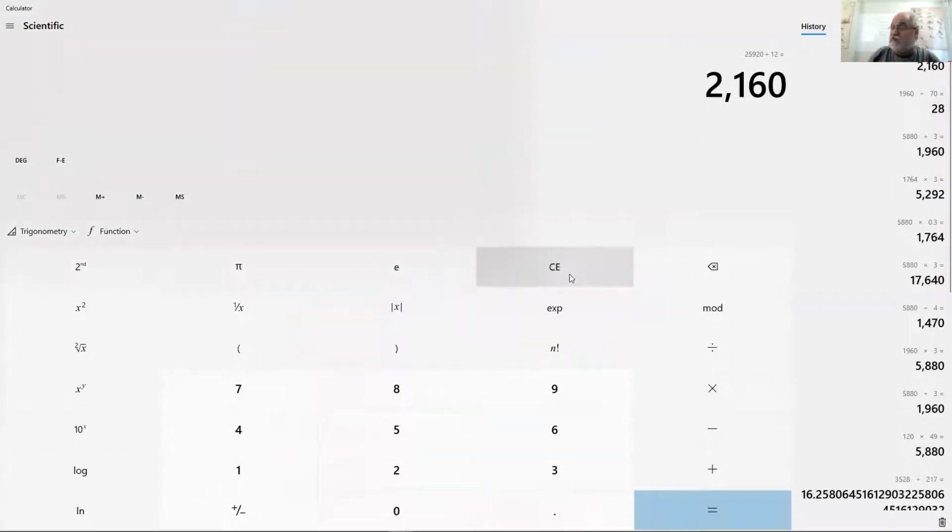And now we take 25920 and we divide it into 12 and we get 2160. So can we say that by dividing things by 12, we show up with these numbers? That there's some significance in this. There would have to be.